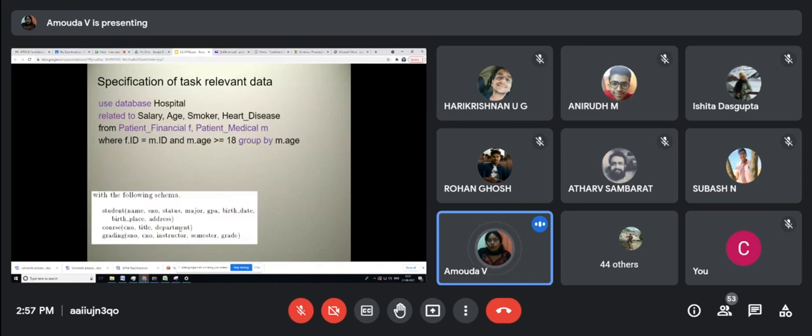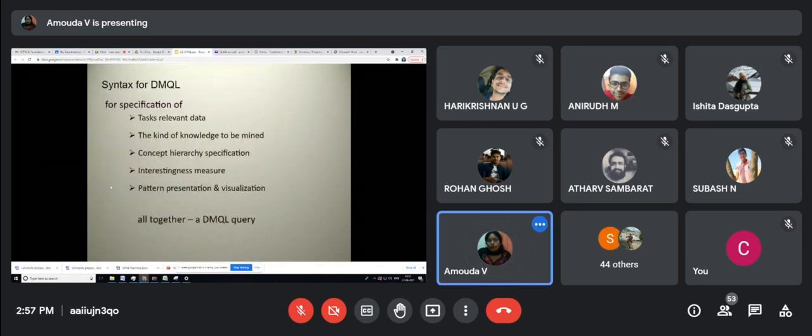Yes, ma'am. First, we are seeing task-relevant data: how the query needs to be written, and how to incorporate this primitive in terms of the data mining query language. We have seen it with an example.